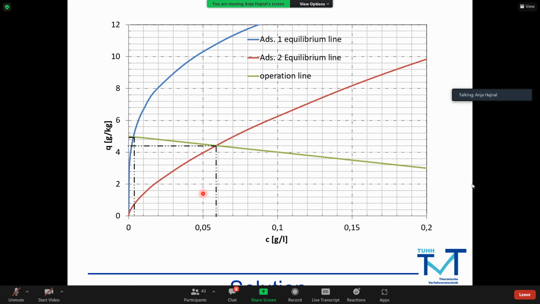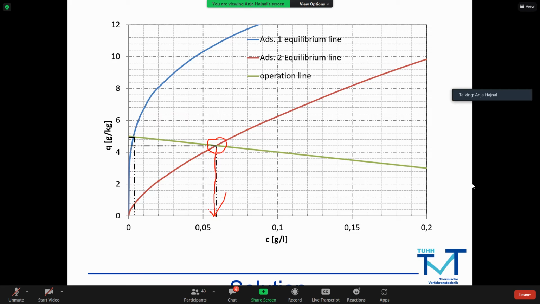And in this case, we have here, just a second, this here we would read the concentration and loading for adsorber 2.